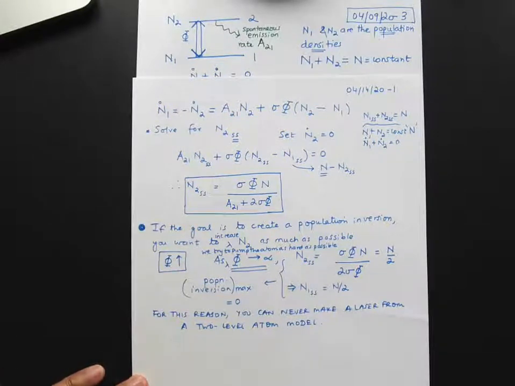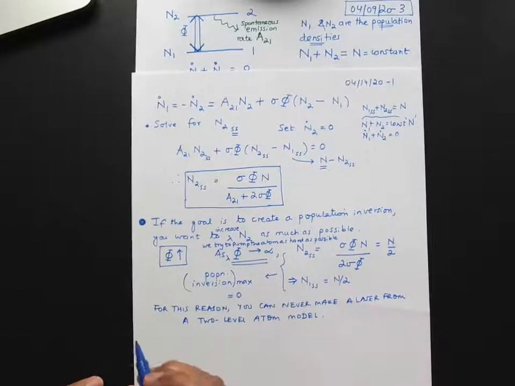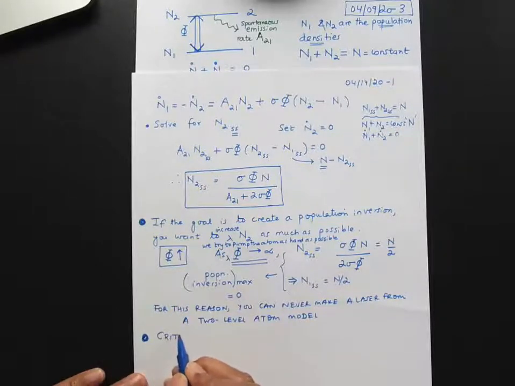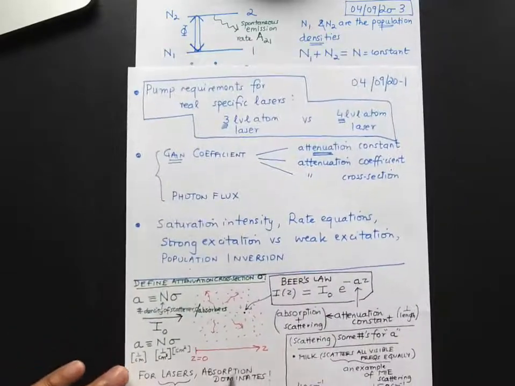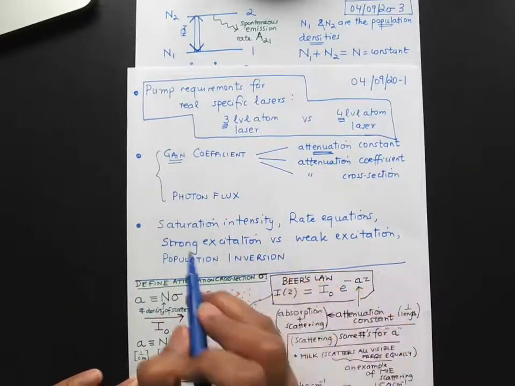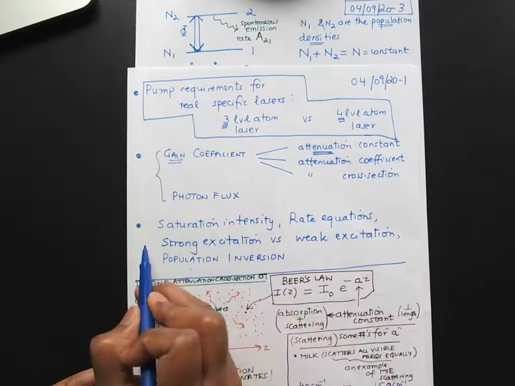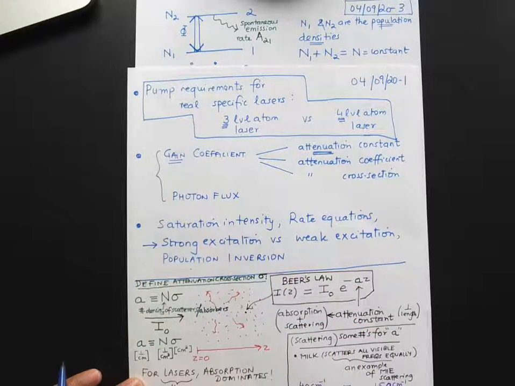Is that good? Okay. That's a good question, what you just asked, because that is my big second point, that this establishes a criterion. Last time I was saying we were going to talk about very important things such as strong excitation versus weak excitation.